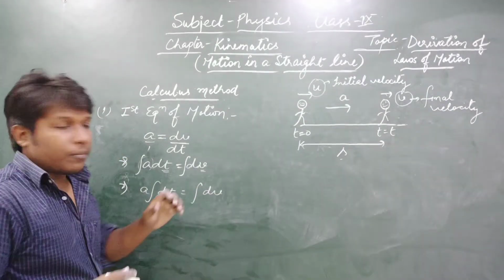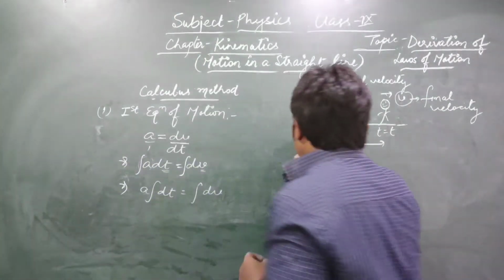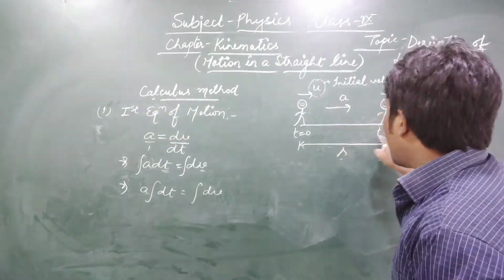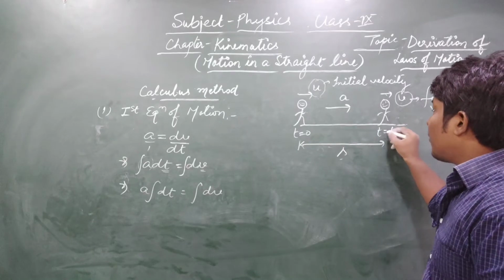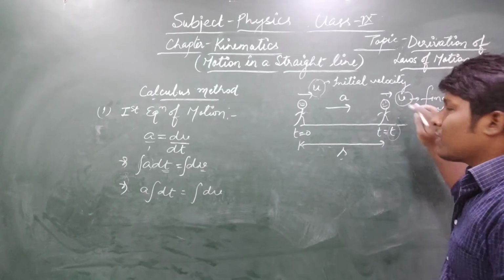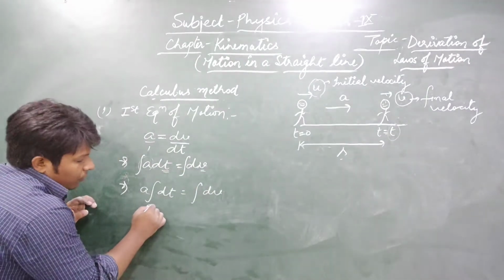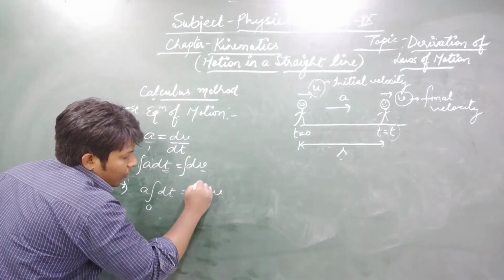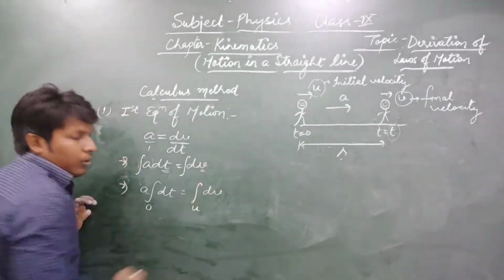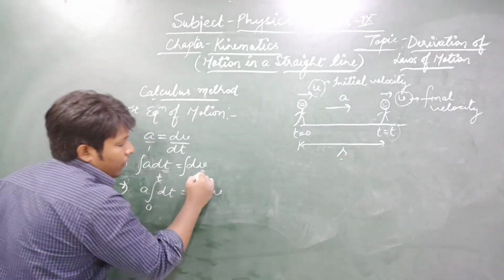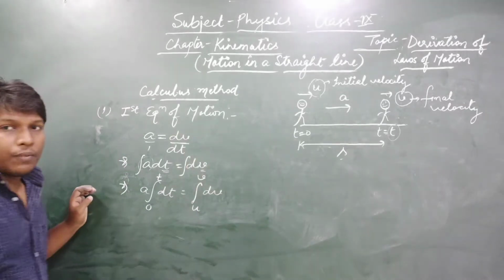Now put the limit. At time t is equal to 0, velocity was u, and after spending time t, it attains the velocity v. So at time t is equal to 0, the body has initial velocity u, and after time t, it has final velocity v.